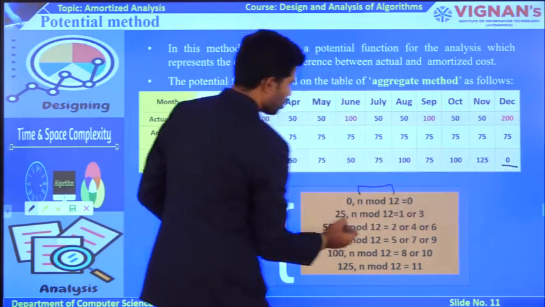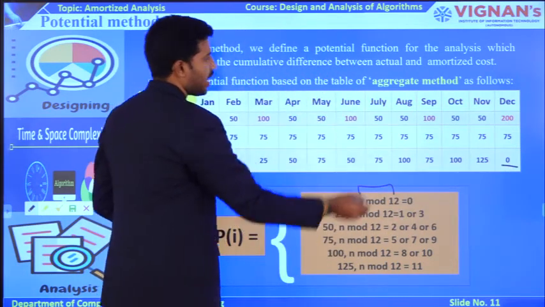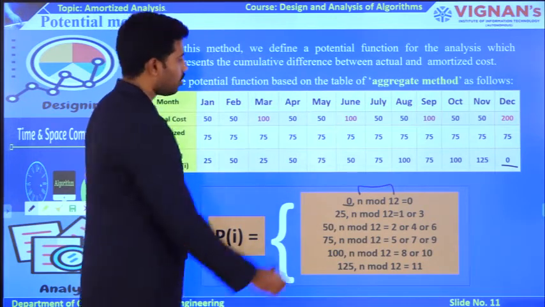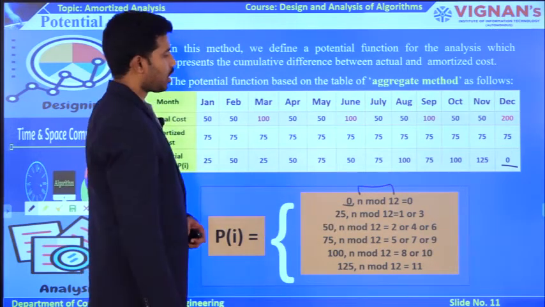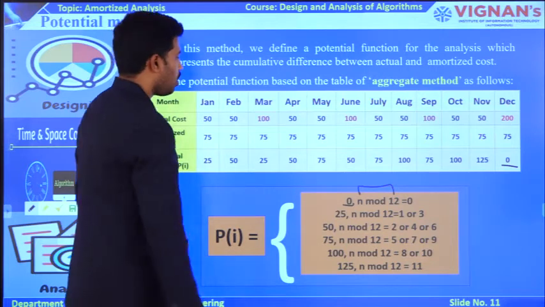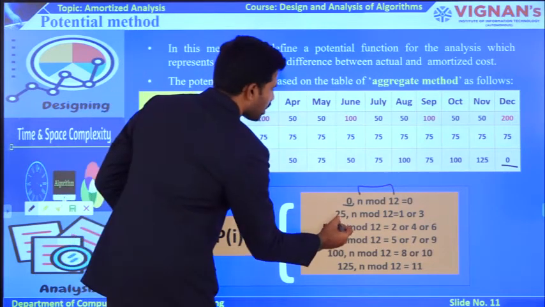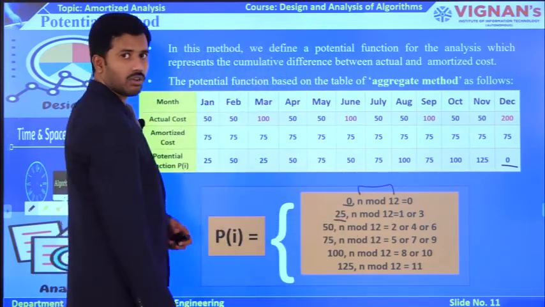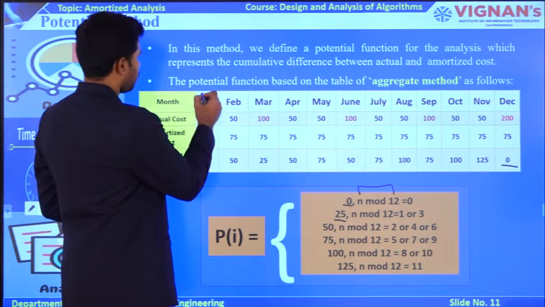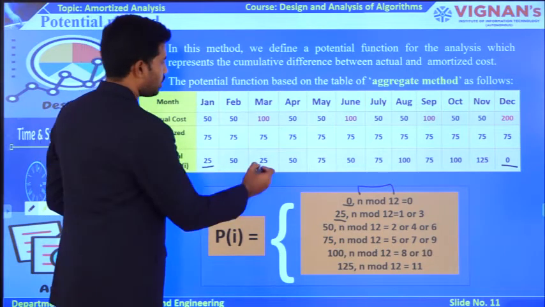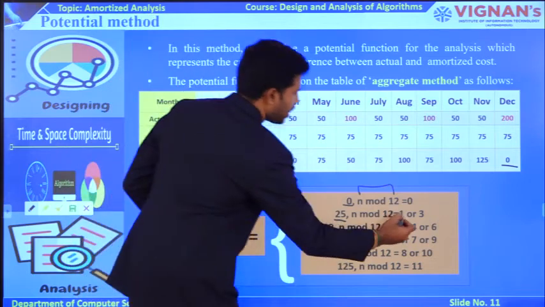So you will get potential function value 0 for remainder 0. Now you are getting potential function 25 for how many months? For the first month and the third month, right? That's why here it has 1 or 3.